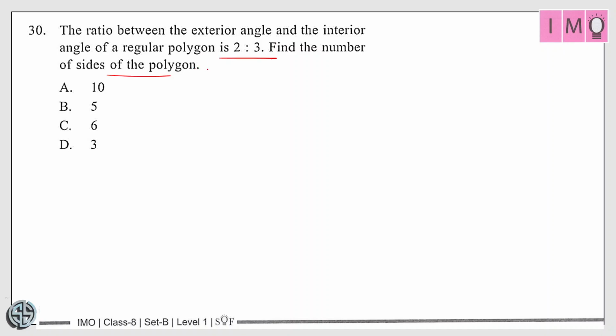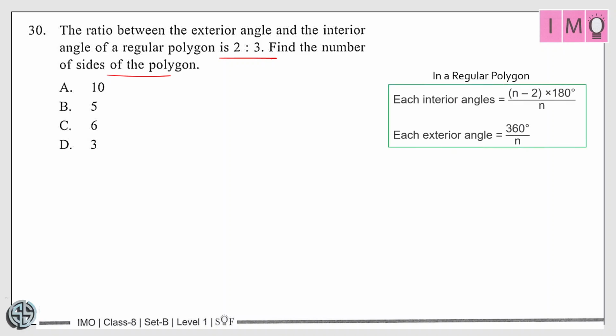Okay, so each exterior angle is 360 degrees upon n, and each interior angle is (n minus 2) into 180 upon n. This is the formula. It is given that the ratio of exterior to interior is 2 upon 3. Exterior is 360 upon n, and interior is (n minus 2) into 180 upon n.